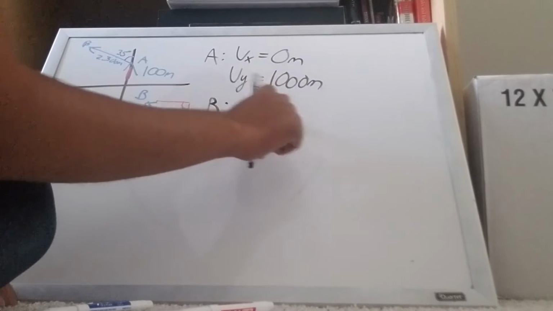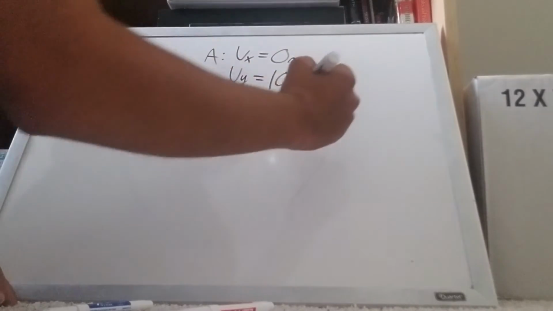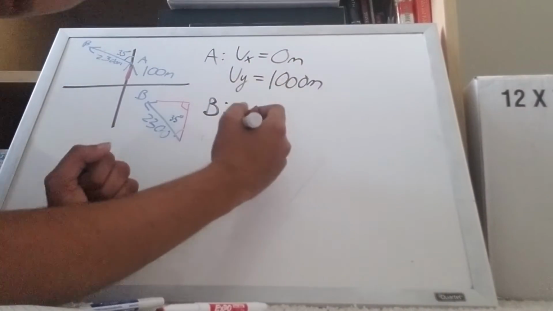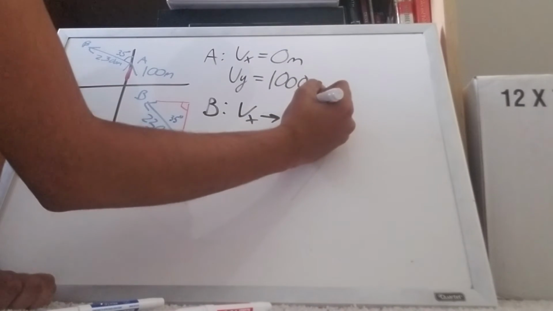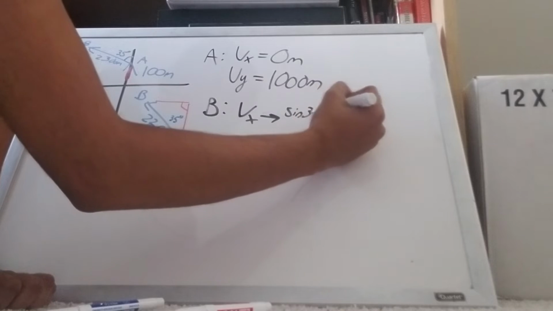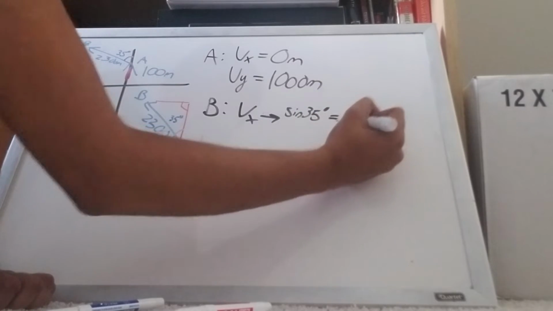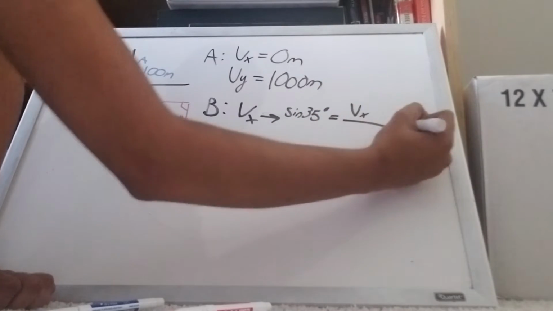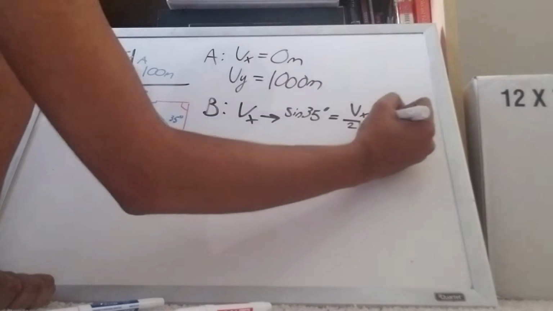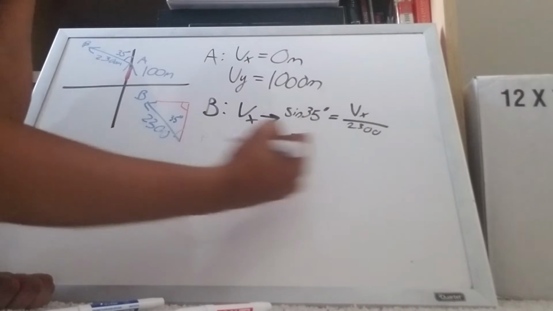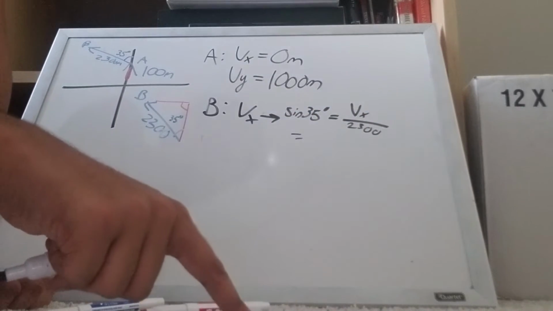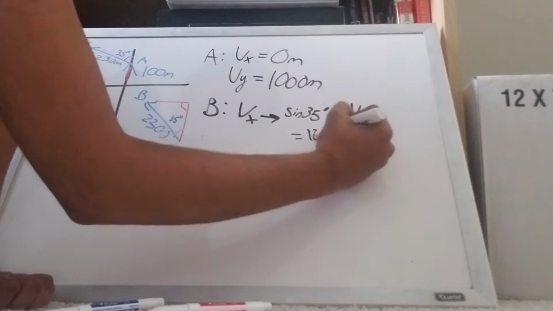So to find Vx, we're going to do sine of 35 is equal to opposite, which is unknown, that's the value of Vx, over the hypotenuse 2,300. And when you put that in a calculator, you're going to get about 1319 meters.